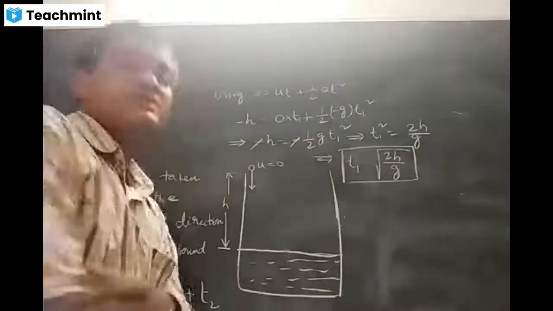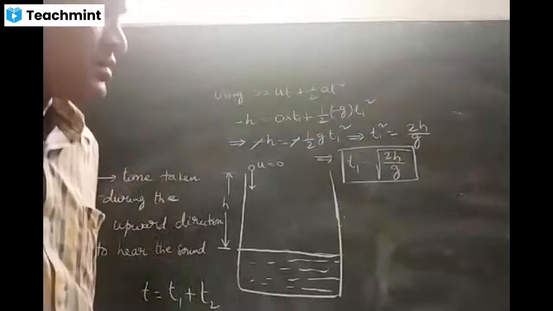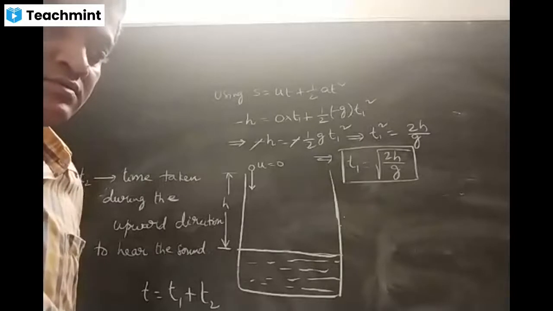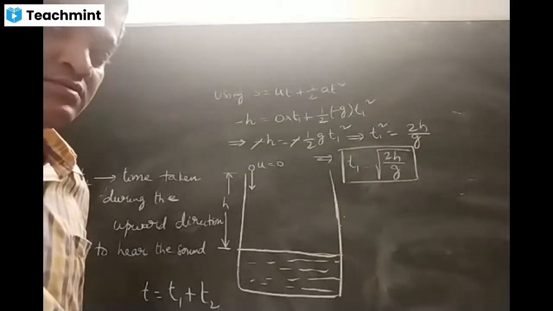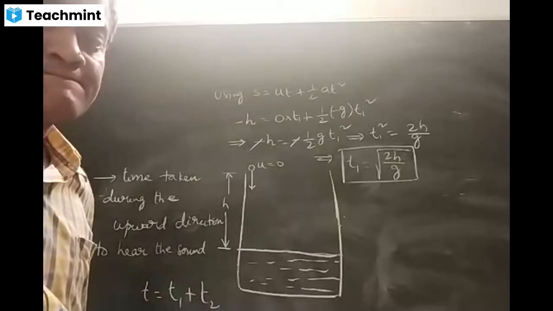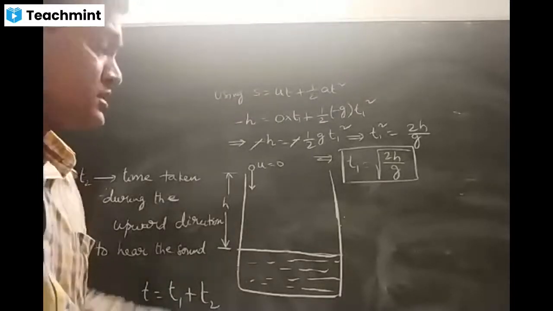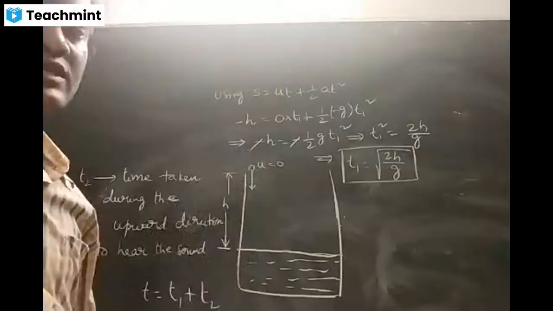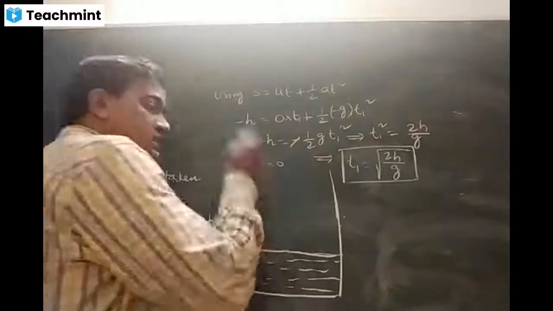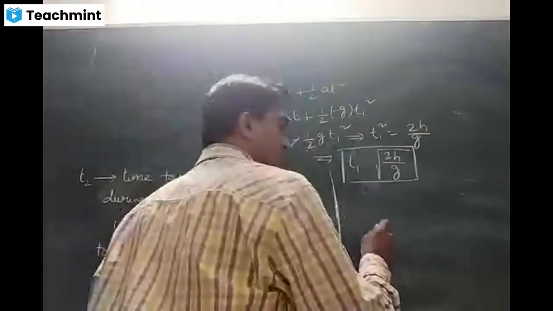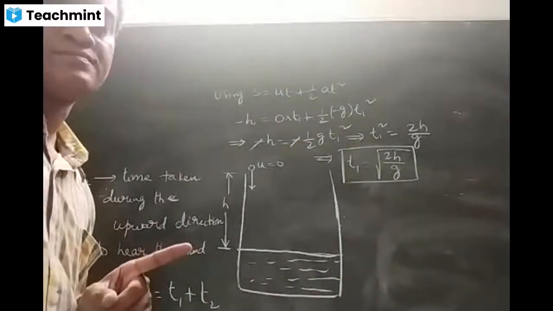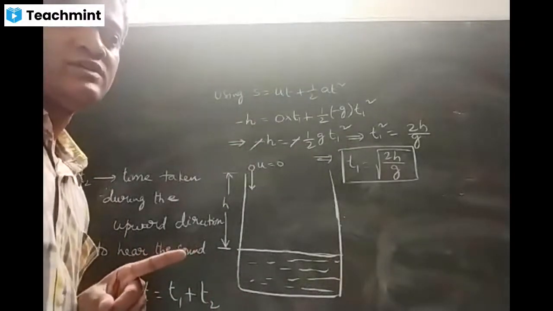In what time does it travel with velocity Vs? T2 seconds, during the upward journey. As you know, velocity of sound is constant.